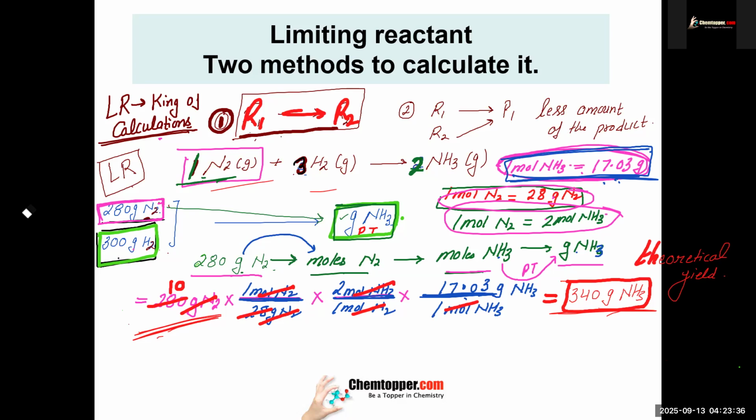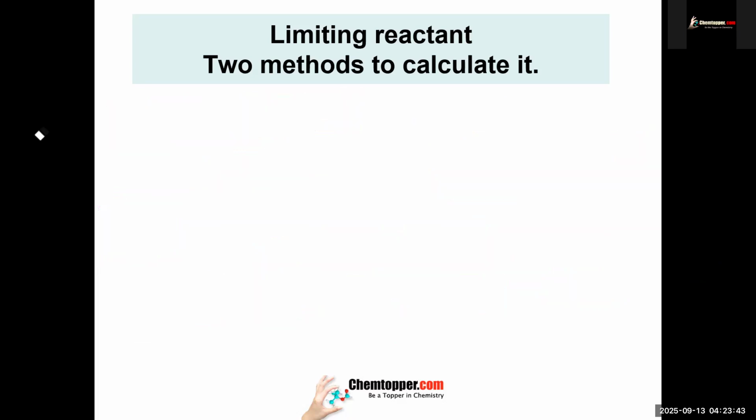Can we do another one? Okay, giving you another question. One method is that you convert your reactant 1 to reactant 2 and check how much is given, how much is needed. Compare, decide.